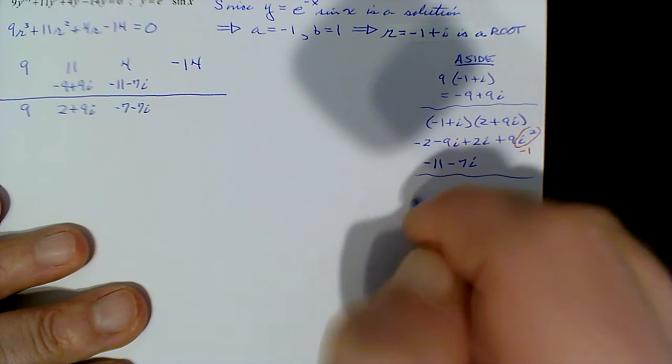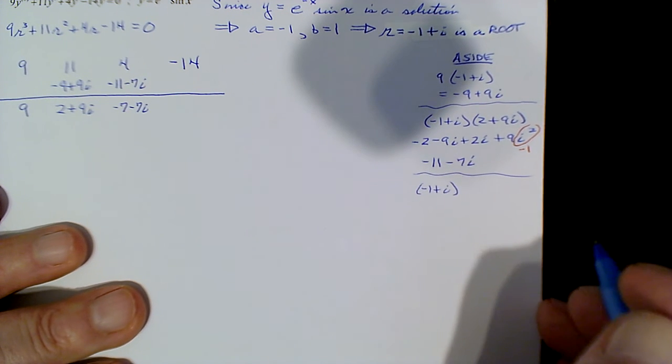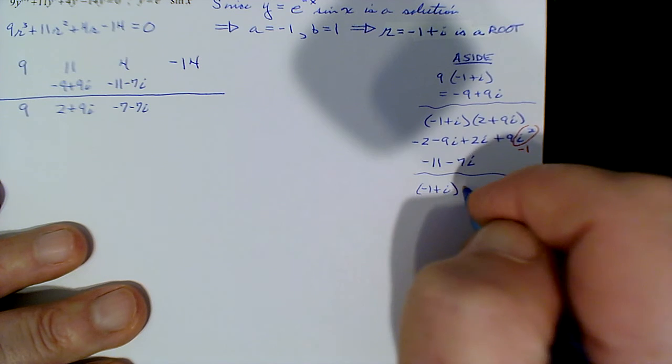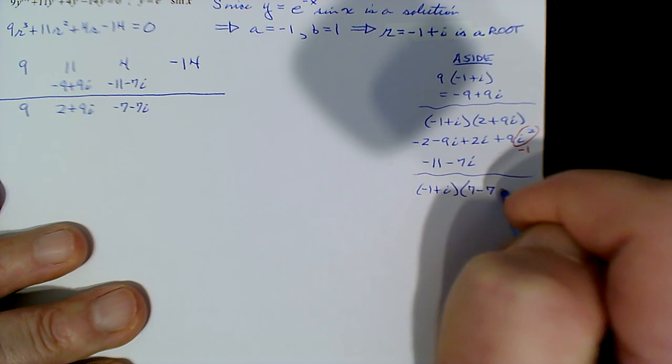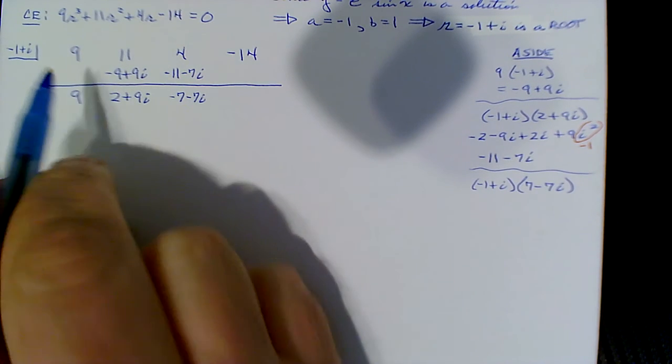So now we've got to take the minus 1 plus i and multiply it by the minus 7 minus 7i, because again, it's this entry here.